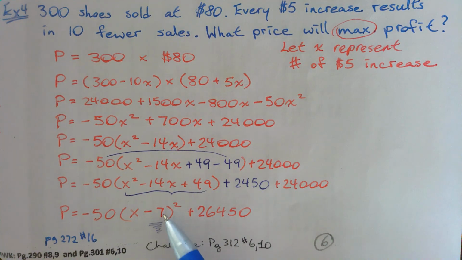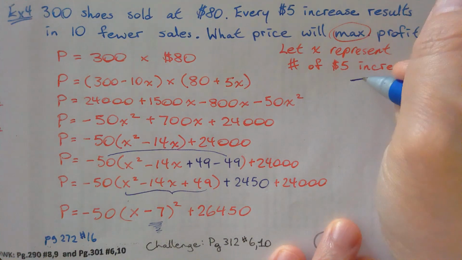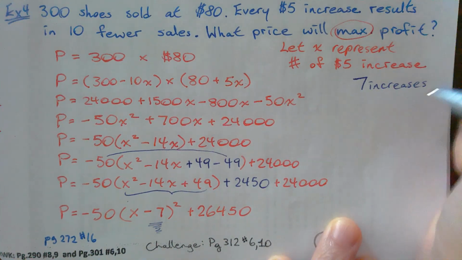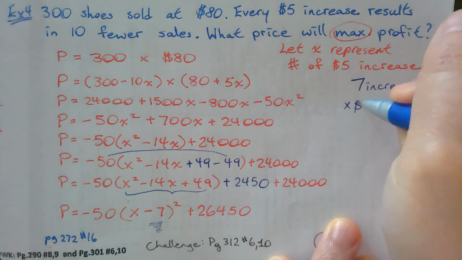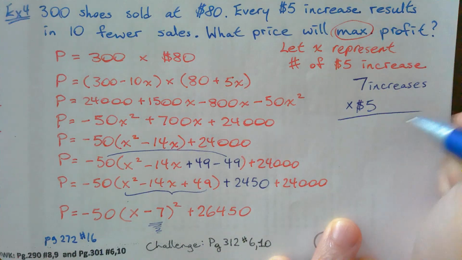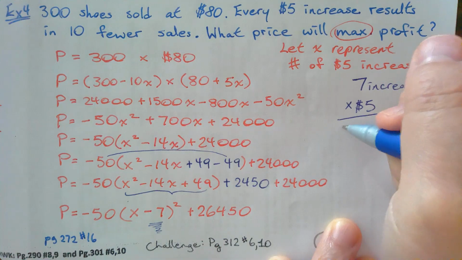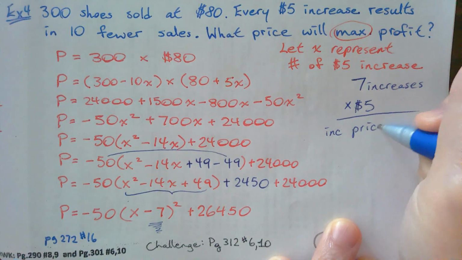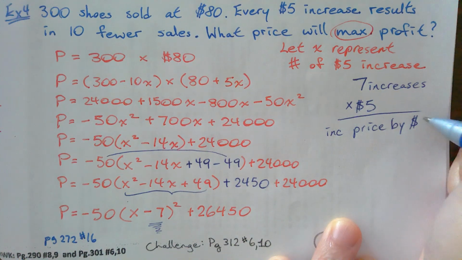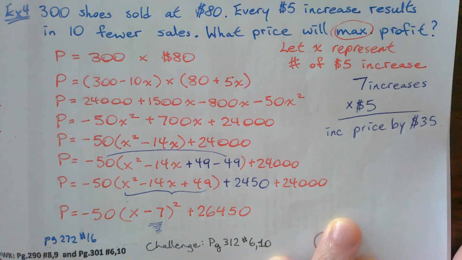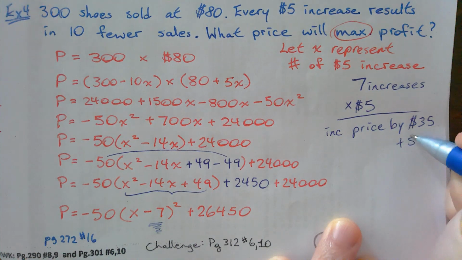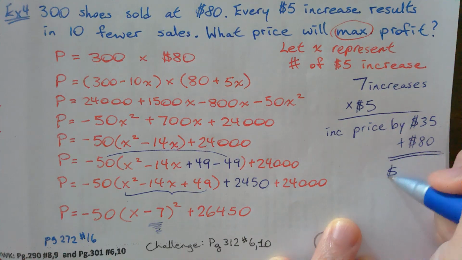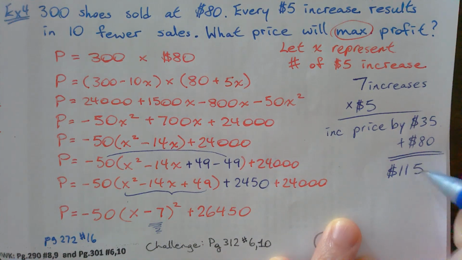So I'm gonna increase the price 7 times, so times $5. I'm gonna increase the price by $35. Originally it was 80 bucks. So when I add that 80 back on, the price that I should set should be 115.